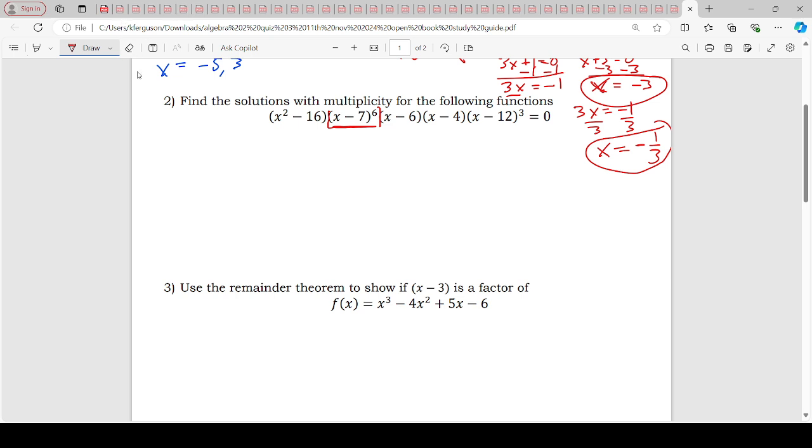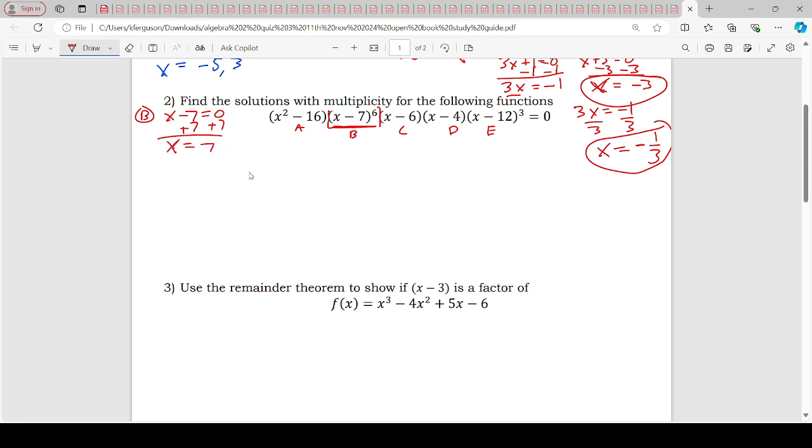I'm going to label them A, B, C, D, E. Let's look at that B piece. That's x minus 7. I'm going to set that equal to 0. What kind of equation is that? It's a one-step equation. Excellent. So I'm going to add 7 to both sides, and I get x equals 7.